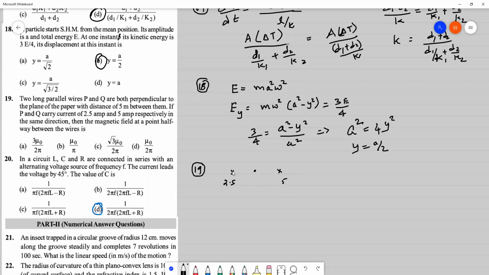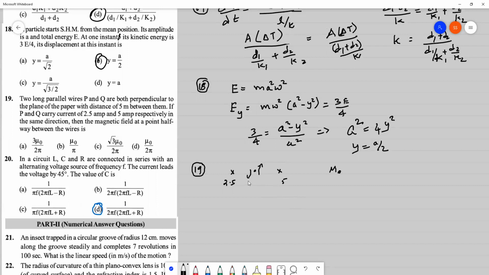We know that due to a straight wire, the magnetic field is mu naught I by 2 pi a. If the current is in this direction, the magnetic field due to this one will be in this direction, and due to that one in this direction, using the thumb rule.